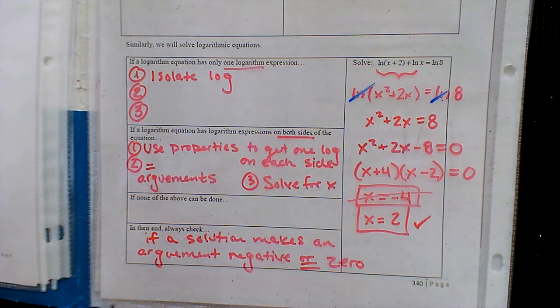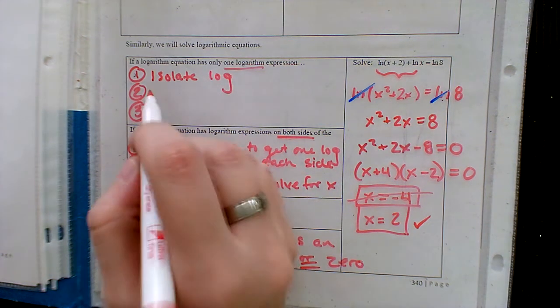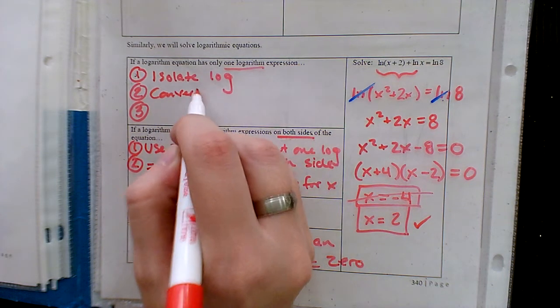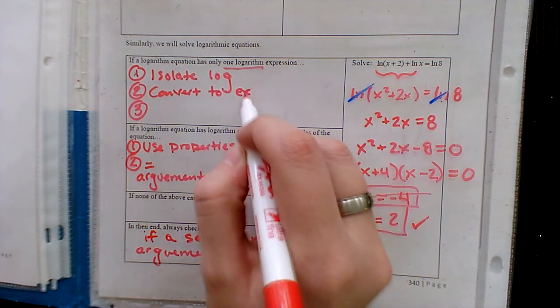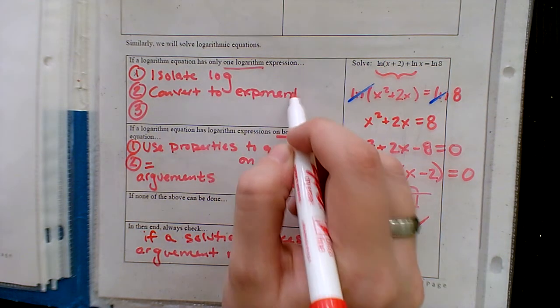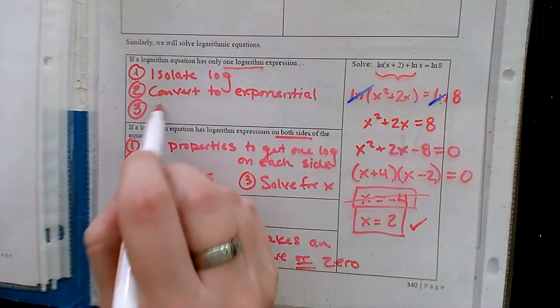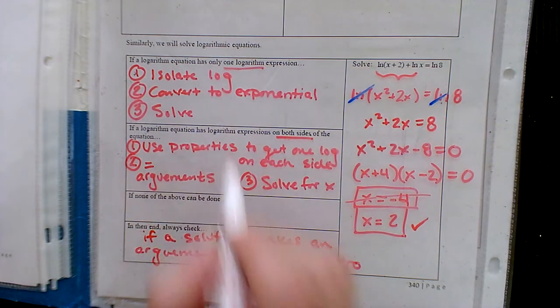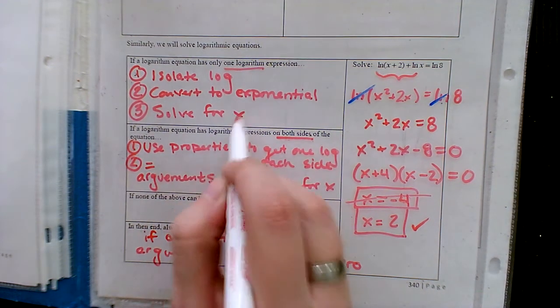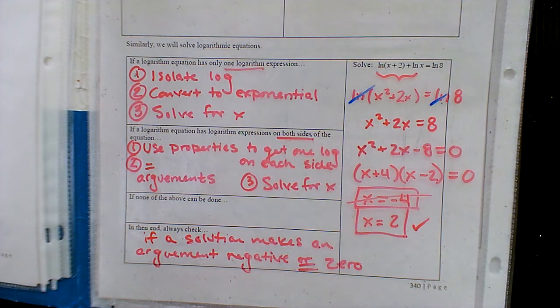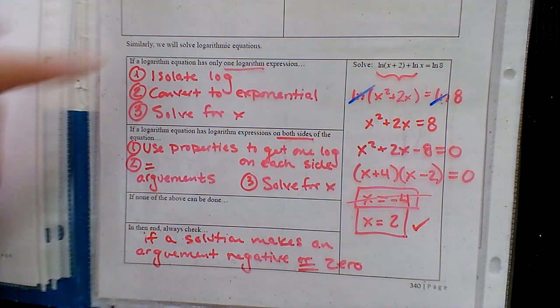Yesterday when we were working with exponentials, after we got the exponential by itself, we converted it to a log. Well, today, if we're isolating a log, we're going to convert it to an exponential. And last but not least, after we convert it, we should be easily able to solve for x. So we'll check some of those out today.